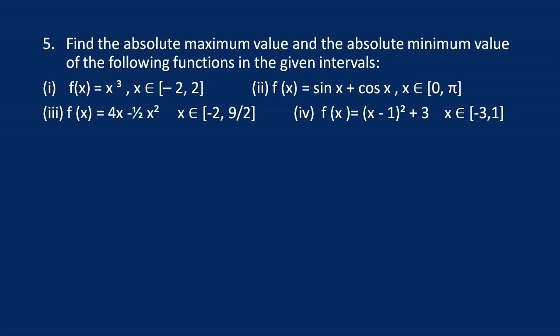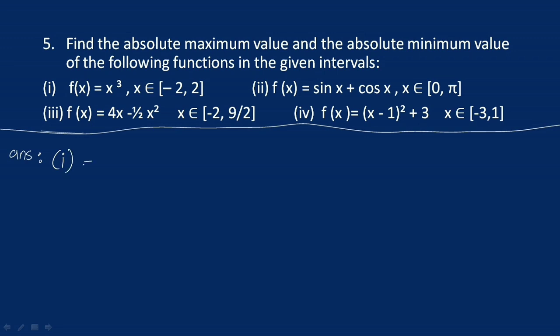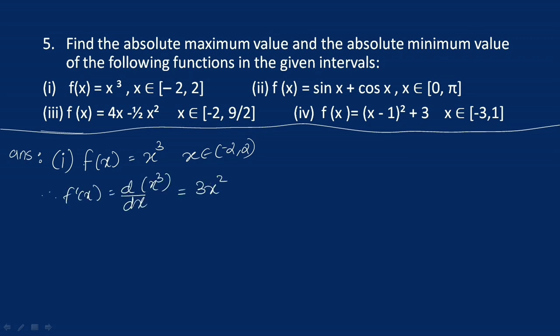Question number 5. Find the absolute maximum value and absolute minimum value of the following functions in the given intervals. In the first question, f(x) = x³, where x belongs to the interval -2 to 2. So what is f'(x)? That is d/dx of x³, that is 3x². So at f'(x) = 0, we can write 3x² = 0.